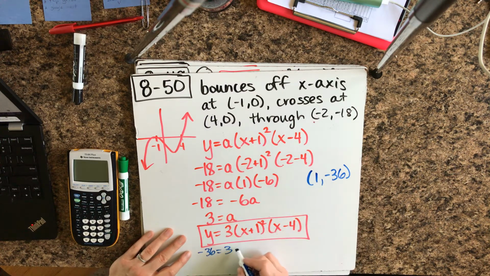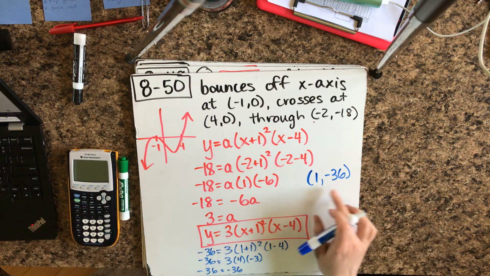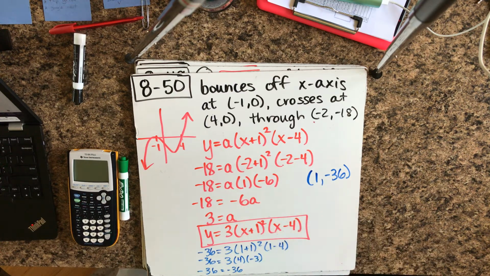The x value is +1. -36 equals 3, 1 plus 1 is 2, 2 squared is 4, 1 minus 4, negative 3. If I multiply 3 times 4, I get 12. 12 times negative 3 is negative 36. So the answer is yes. The point 1, negative 36, does go along with this equation and this graph.